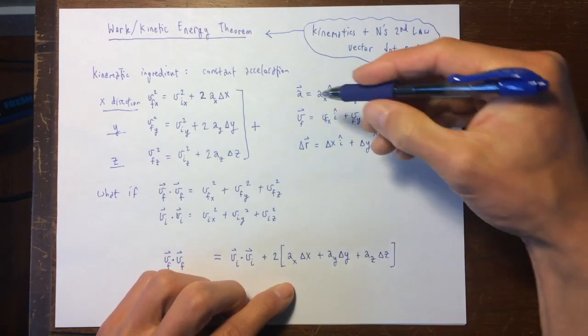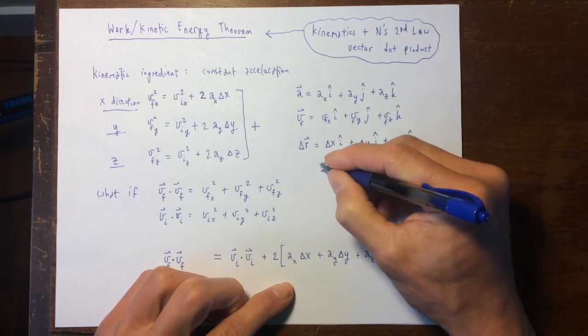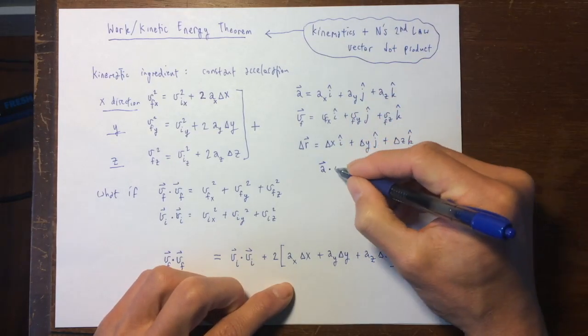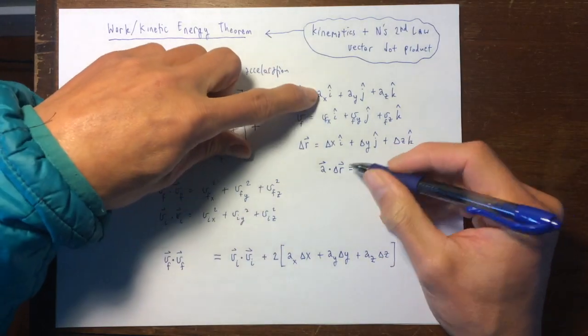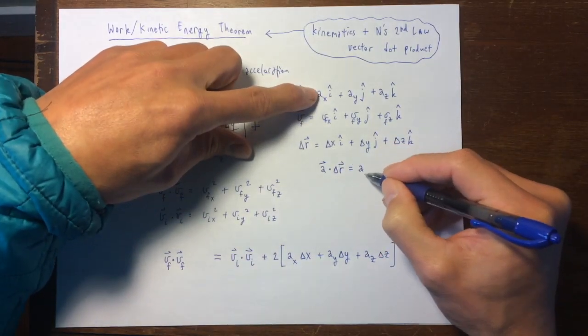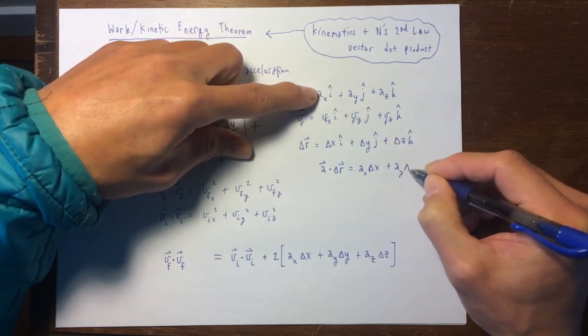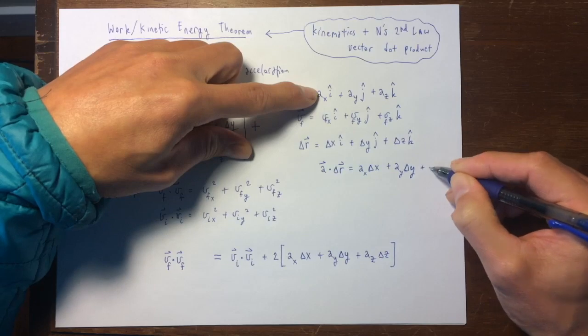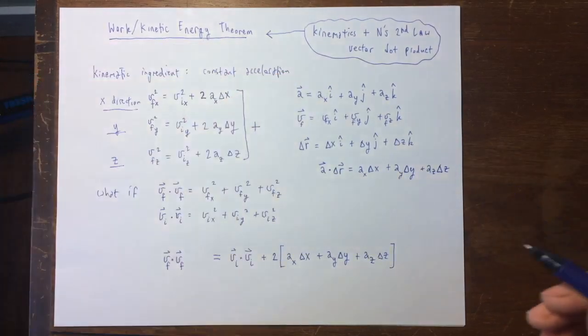And you can imagine that if I took a dot delta r, the vector dot product of a and delta r, it is equal to ax delta x plus ay delta y plus az delta z, like this.